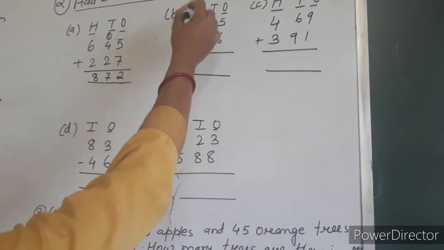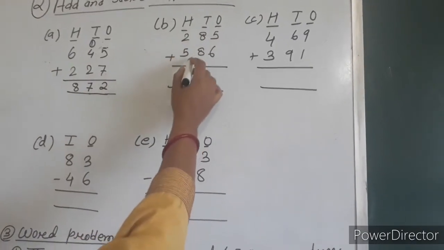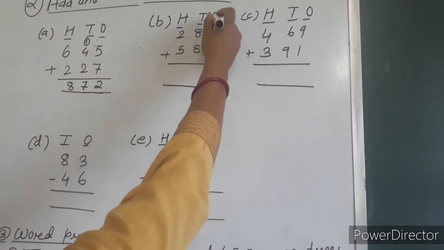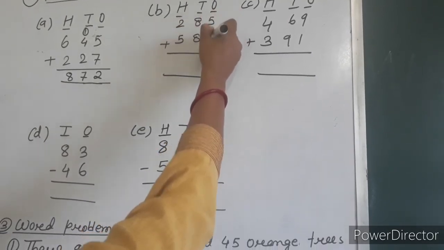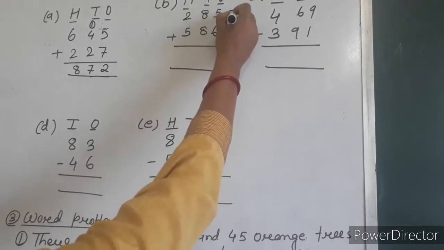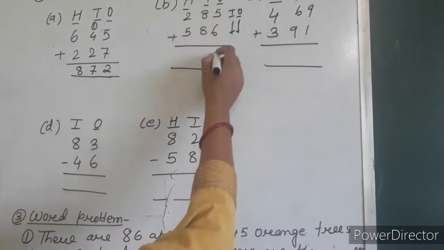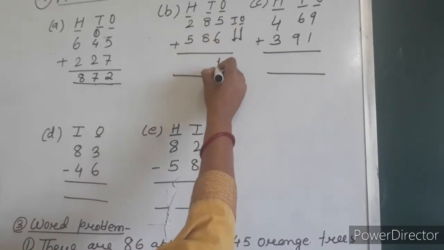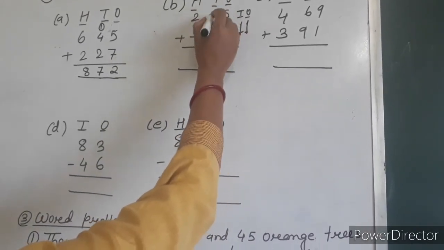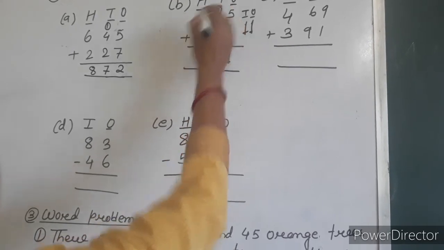Then in number B, 285 plus 586. We just start counting from the ones place. The 5 plus 6 is 11. Tens, ones. Again we can write this one in the tens place, and this one will come in the tens place.